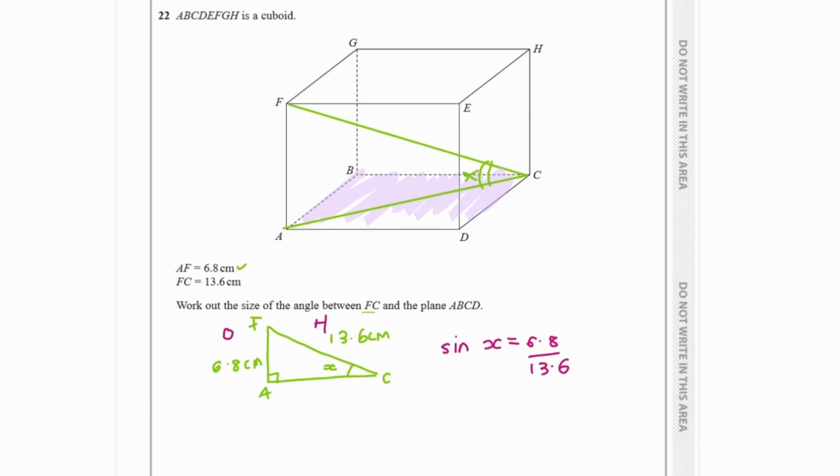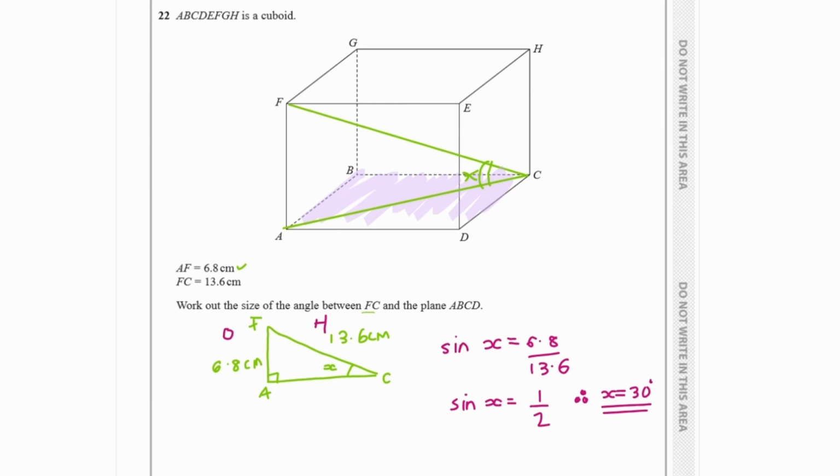If we simplify 6.8 and 13.6, we can divide both these numbers by 6.8, and this will give us sine x is equal to a half. Because this is a non-calculator paper, we would now have to use our exact trigonometric values, and we know that sine of 30 gives us a half, which means that x is therefore equal to 30.